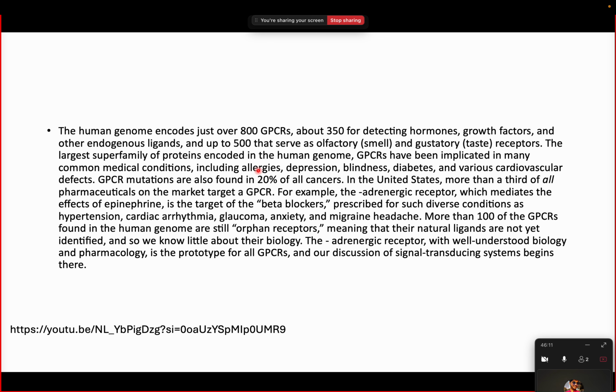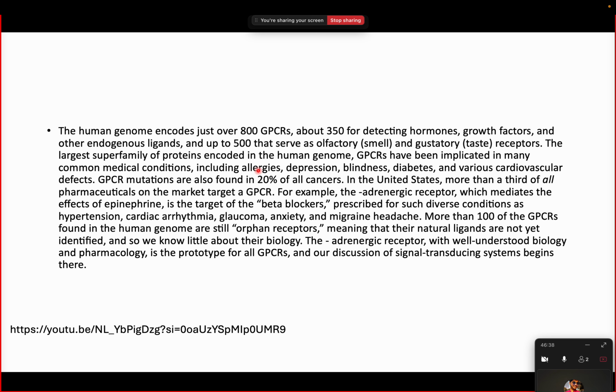For example, the adrenergic receptor, which mediates the effect of epinephrine, is the target of the beta blockers prescribed for such diverse conditions as hypertension, cardiac arrhythmia, glaucoma, anxiety, and migraine headache. More than 100 of the GPCRs found in the human genome are still orphan receptors, meaning that their natural ligand is not yet known or identified.